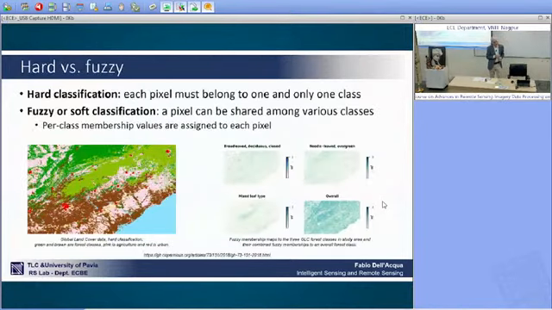One more thing that I believe can be relevant here is that I started the lecture talking about classes, so assigning a classification item to a single class. This is not the only possible case. This is called hard classification.